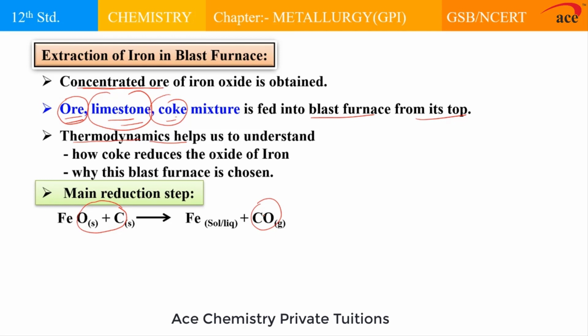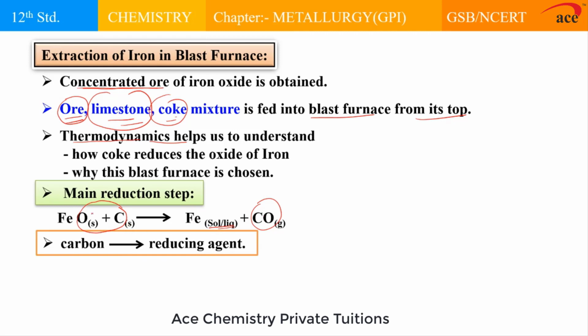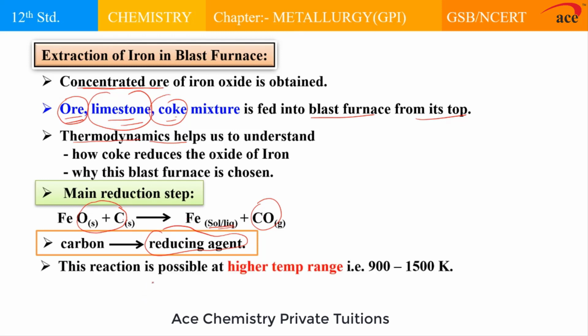At this high temperature, above the melting point of iron metal, this iron metal is obtained in what? Liquid form. Here carbon is removing oxygen of iron oxide and converting iron oxide to iron. So carbon is actually reducing iron oxide to iron. So carbon is acting as what? Reducing agent. So we can say that it is a carbon reduction process.